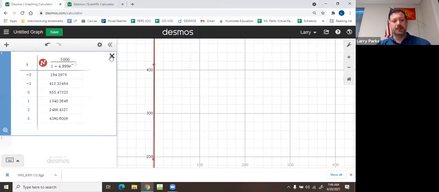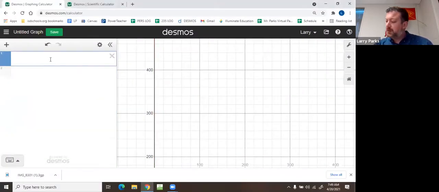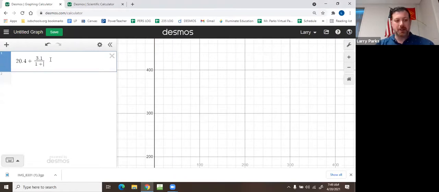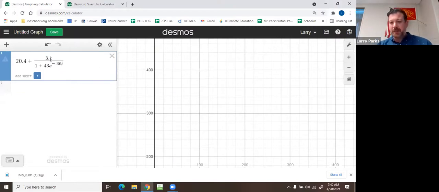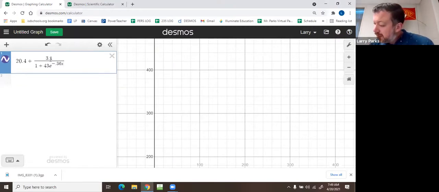So the woman equation is you take 20.4, you add on 3.1, divided by 1 plus 43 e to the negative 0.36, and instead of t, I'm going to use x. Make sure I type that in correctly. I didn't put negative 0.36, but that's the same thing.